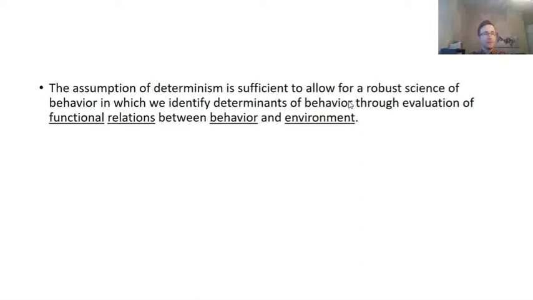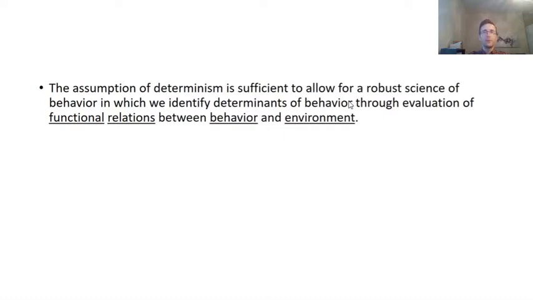Now, the assumption of determinism is sufficient to allow for a robust science of behavior in which we identify determinants of behavior through evaluation of functional relations between behavior and environment. All right, if we're going to use scientific methodology to identify functional relations between behavior and environment, then it has to be possible.